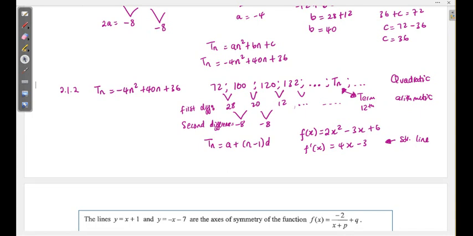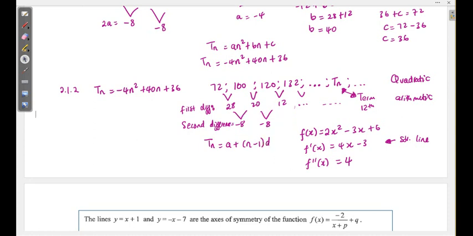Yes. And then if you differentiate this further to find the second derivative, what do you get? You get 4, a number that is just constant. Then that will be your second difference.